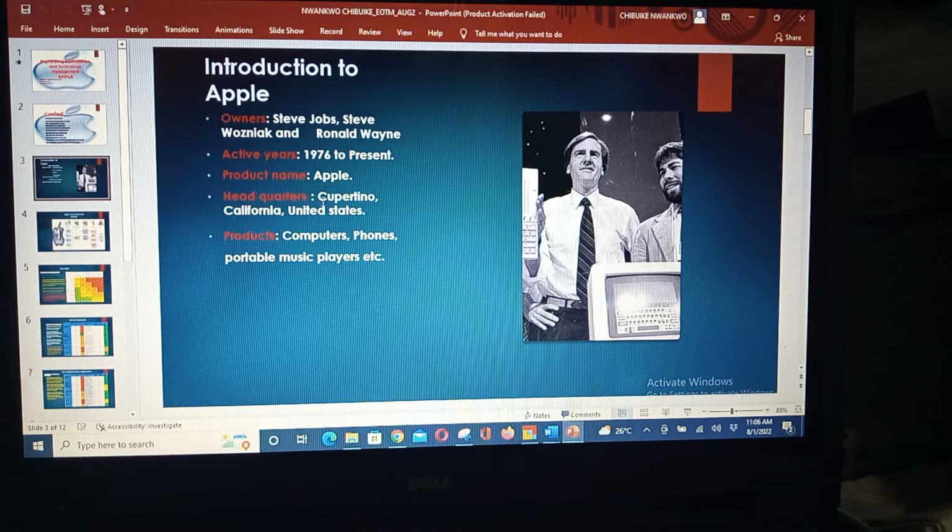Headquartered in Cupertino, California, United States. The products they have in the market are computers, phones, portable music players like the iPods and so on, ranging to the Apple TV and the Apple Watches, and so on. That is the etcetera here.